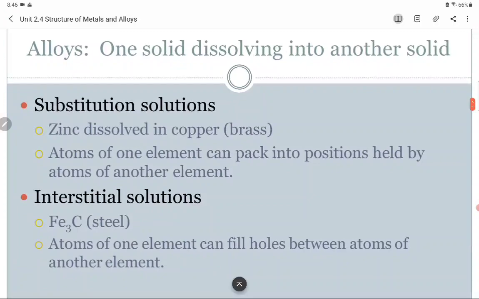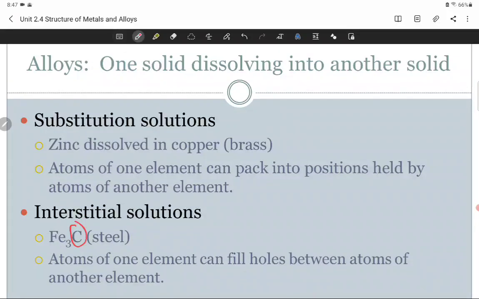Before we do that, just a little bit about alloys. I think you may have talked about alloys a little bit last year, but alloys are a mixture. They're not a chemical composition, they're not a chemical reaction, but they are at least two metals. I guess in this case down here, carbon's not even a metal, it's a non-metal.